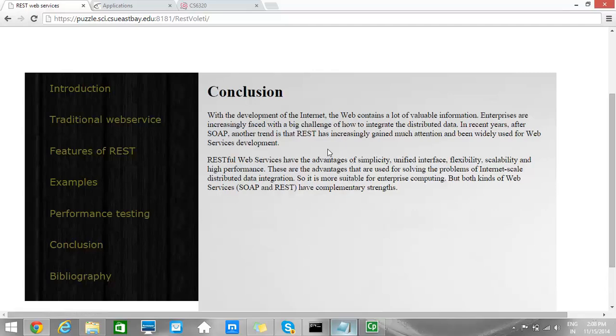In recent years, after SOAP, another trend is that REST has increasingly gained much attention and been widely used for web service development. RESTful web services have the advantages of simplicity and flexibility, scalability, and high performance. These are the advantages that are used for solving the problems of internet-scale distributed data integration. So it is more suitable for enterprise computing. But both kinds of web services have complementary strengths.